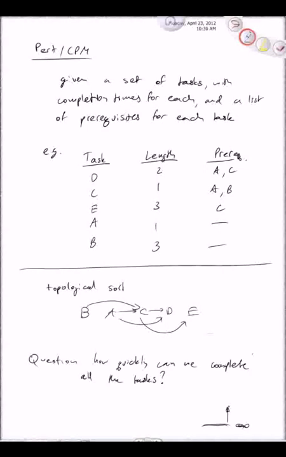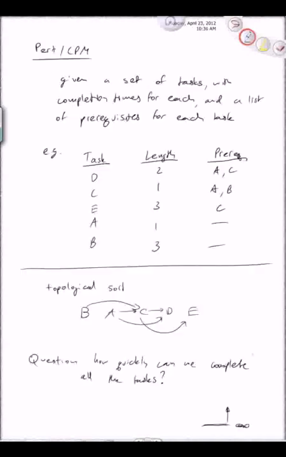Suppose that I could complete everything in 21 days, but I can't complete everything in 20 days. So what's the thing that stops me from saying that I can complete it in 20 days? It's actually a prerequisite chain.